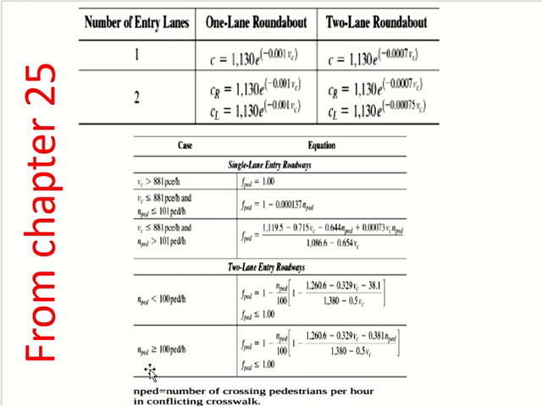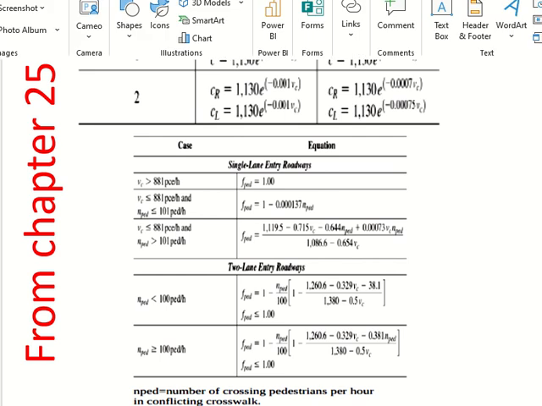First of all, which equation should I use for the calculation of capacity? Okay, the first one, top one on the left, because we have single lane entry, single lane out. Okay, VC is 650. So my capacity is how much?